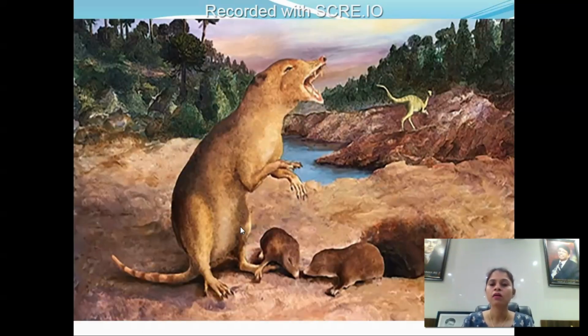Now an interesting part came into existence. Since the dinosaurs were gone, and everything was in danger, anything available as food was being eaten up.